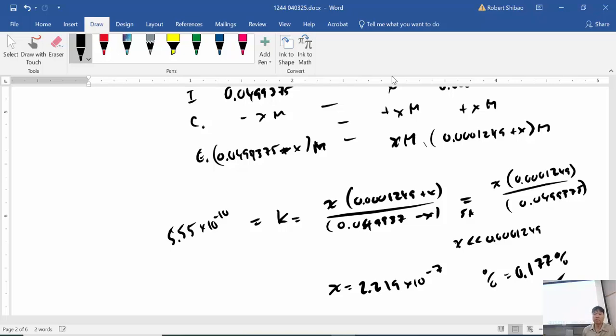And so that looks good. So I'm going to go ahead and calculate the concentrations here because we're interested in the pOH. However, I want to calculate the remaining concentrations to double check my calculation.